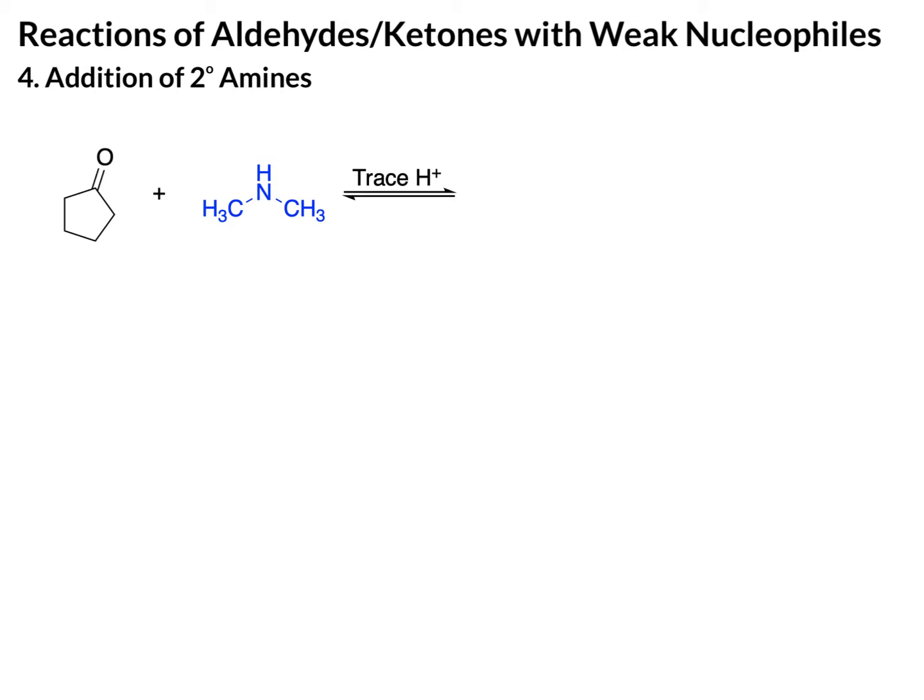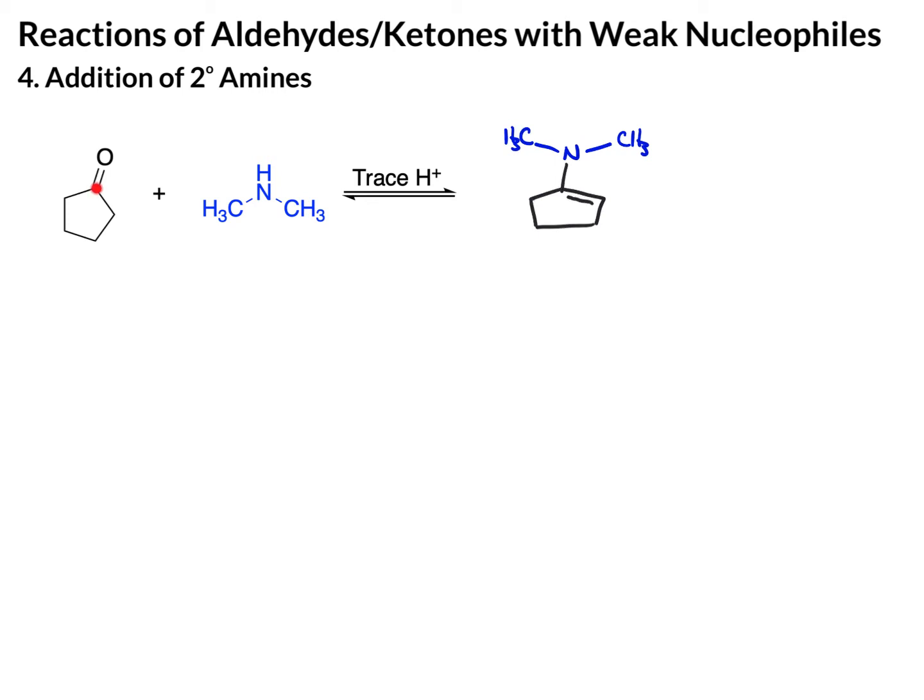So here's the product for this reaction. We end up forming a bond where the carbonyl was to the nitrogen. And that nitrogen will still have its 2 methyl groups. But we also end up getting a double bond right here.